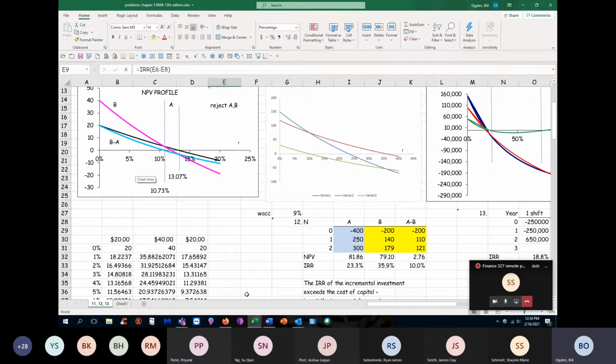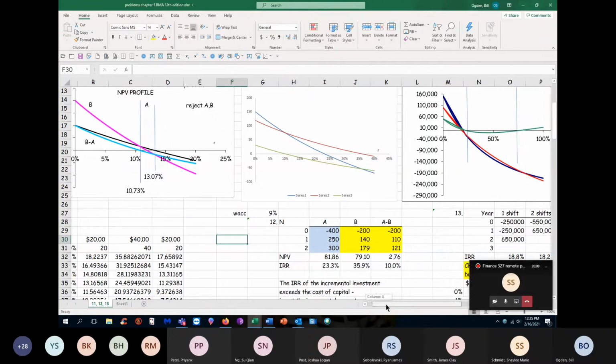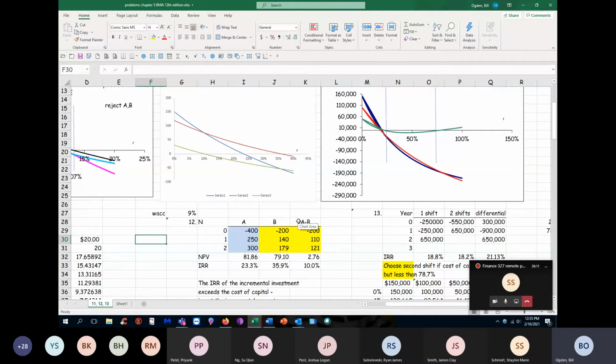Then the second one, I guess we can start that out by just reinforcing one more time that there's no such thing as differentiating between projects by choosing the one of the highest IRR. No such thing. So how can I appropriately use the IRR to make a correct choice?